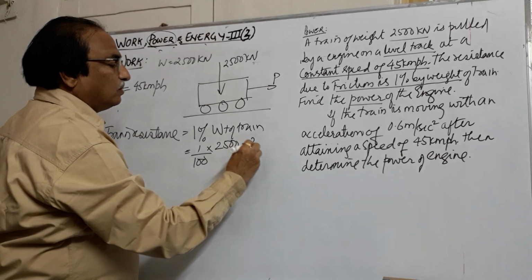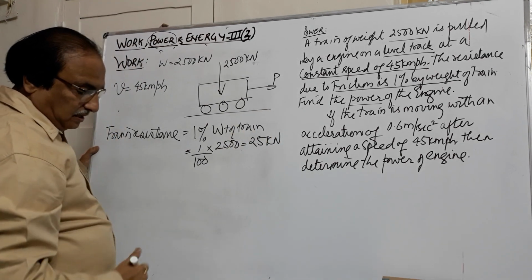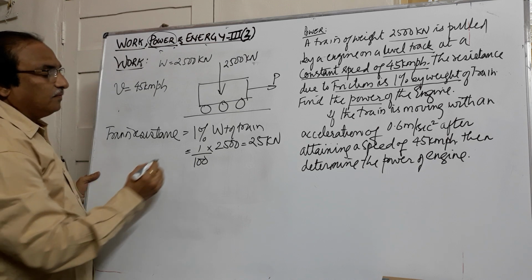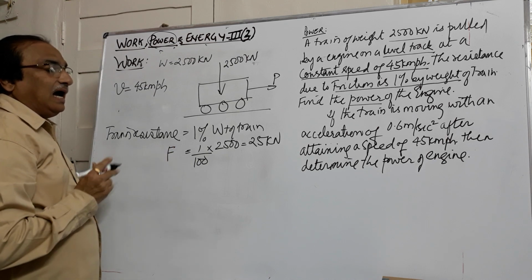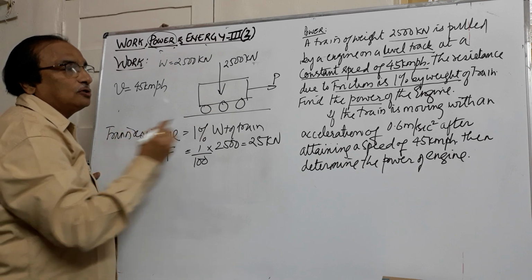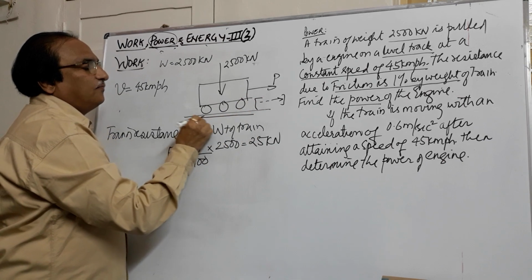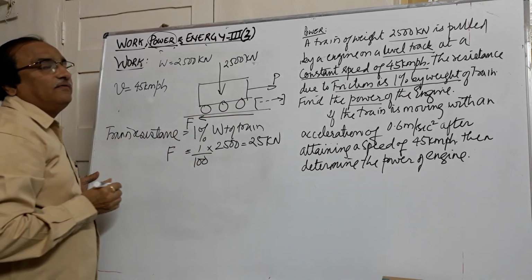So this will be equal to 25 kilonewtons. So if I call this resistance as F, and we know the resistance always acts in a direction opposite to the motion. Now here the motion is towards right and the friction will be on the left hand side.